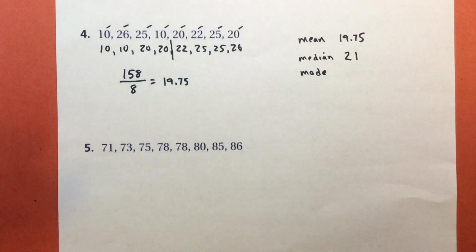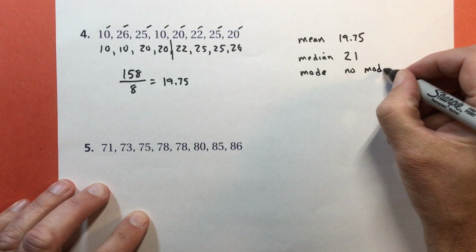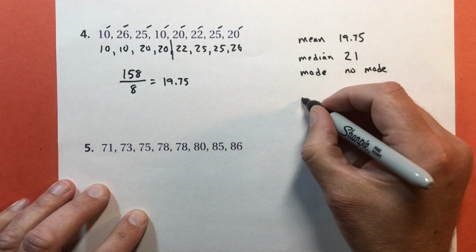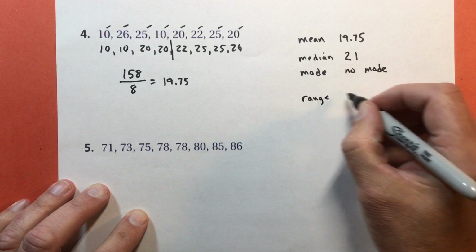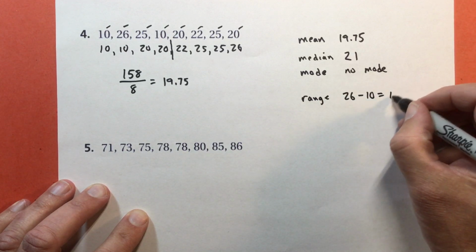It happens if I've got like hundreds and hundreds, maybe thousands of data points. Maybe I might have 3 places where they cluster. But to be honest, I don't even remember seeing that in any of the stats class I've ever taken. Okay, so we're just going to say no mode, and that would be okay. Finally, for the range, I take the biggest number, 26, and subtract the smallest number, and I get 16.